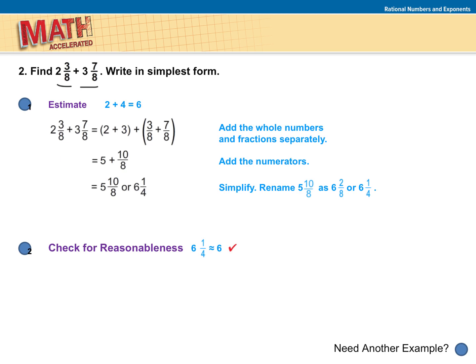If you make them into improper fractions, you're going to have to do a lot more work and a lot more steps to get to your final answer. So what we do is we split up whole numbers and fractions. You add your whole numbers together, and then you add your fractions together, and then you put them together for your final answer. Okay?